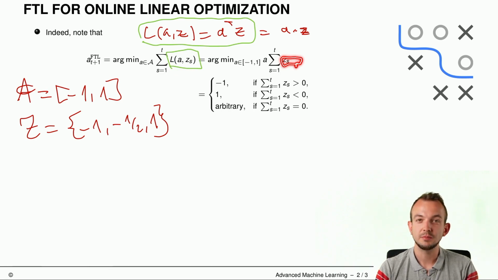A is independent of the summation index s. We can write it in front of the sum, and this is why the A is showing up here.